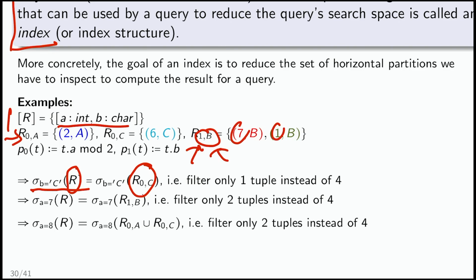And the second attribute is a capital B. So that's an invariant I'm writing down here, and that's what I'm exploiting here. If I know about these invariants, I don't have to process all of the tuples from R. I only have to inspect the tuples in R0, C, and I get the same result. By definition, it must return the same result.